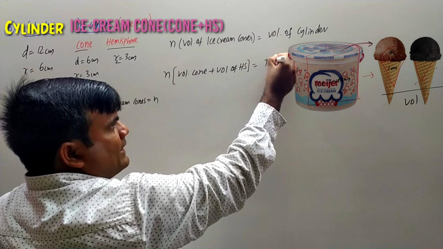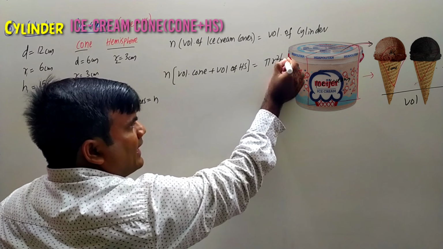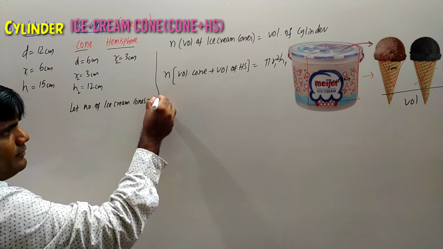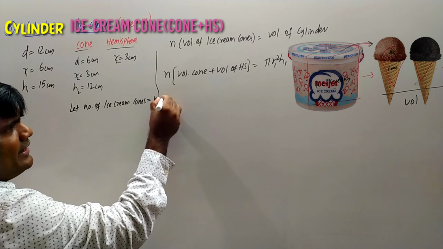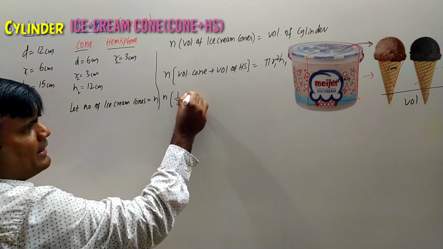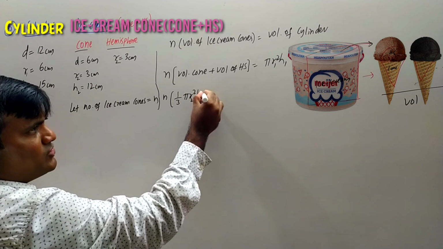Formula is pi r square h. So here we are taking r is equal to r1, height is h1. So that is equal to n into volume of cone formula, that is 1 by 3 pi r square h. So these are taking r2, h2.